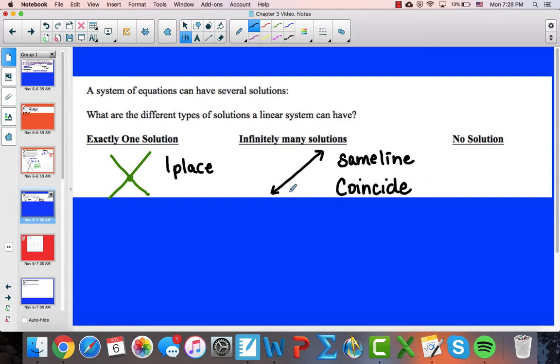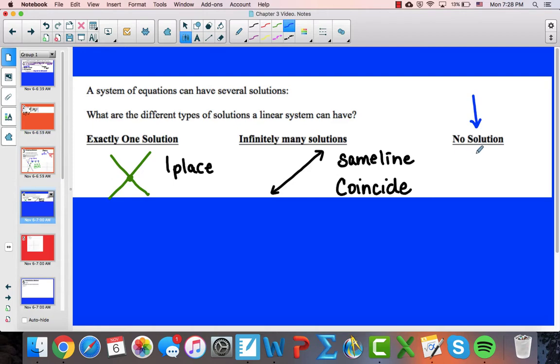And we're going to talk about these because actually one of these is an independent system and one of them is a dependent system, and we're going to talk about that in class. The last thing that can happen is that the lines don't intersect, and that would be no solution because the solution to a system is the point of intersection. But that doesn't mean that the equations don't exist.